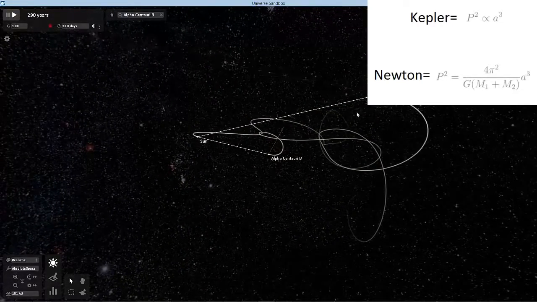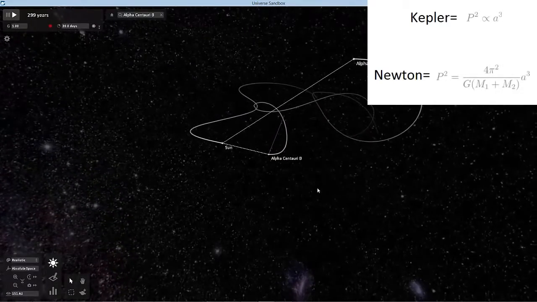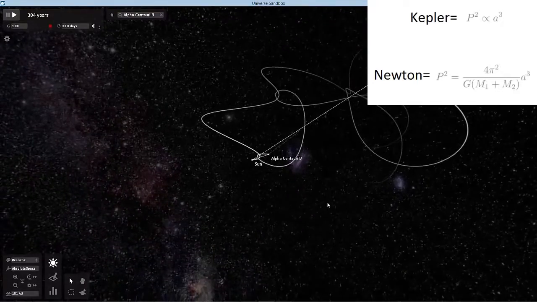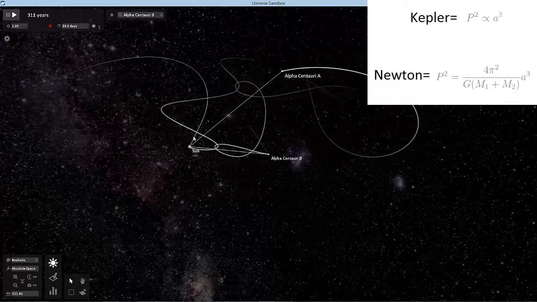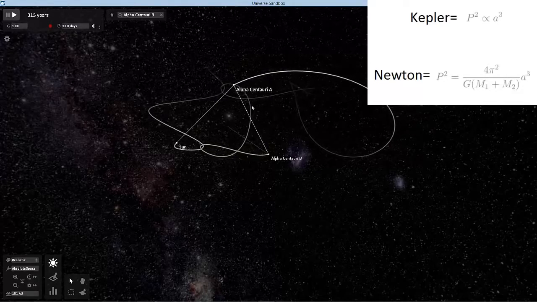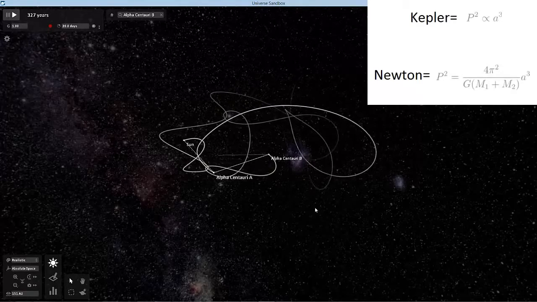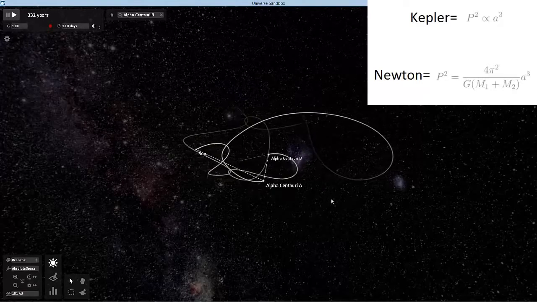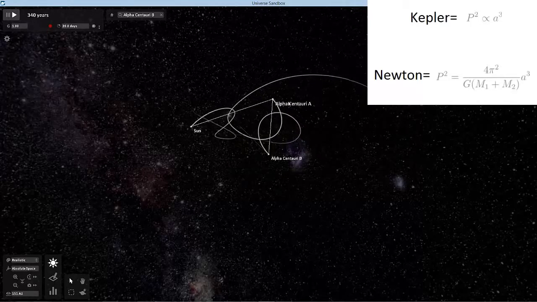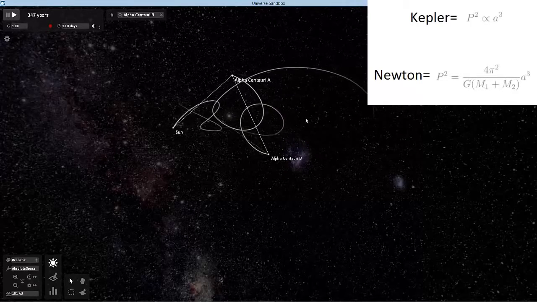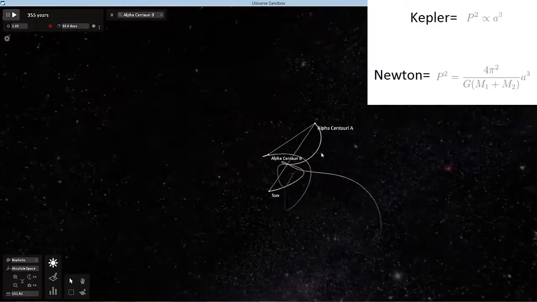But as far as things go, there's chaos theory, so there is a chance that anything can go. And you see that they just slingshot around each other. I don't know, maybe it will work. Last time I did this, the two stars shot off from each other and one was stuck in the middle. And that's quite interesting.